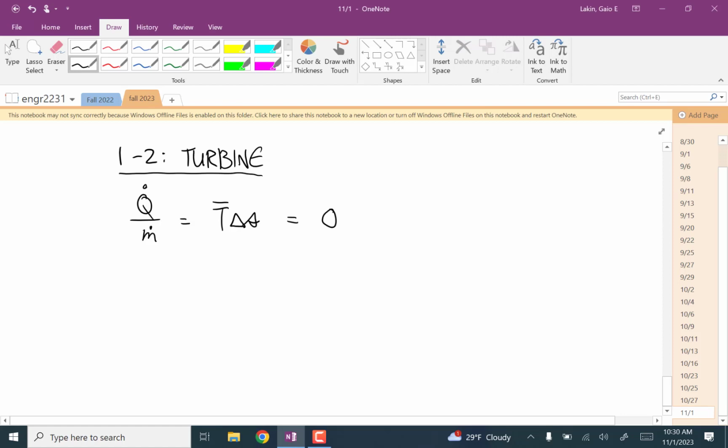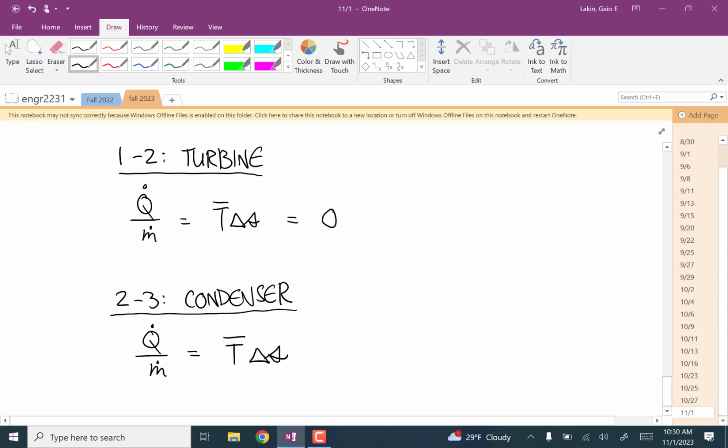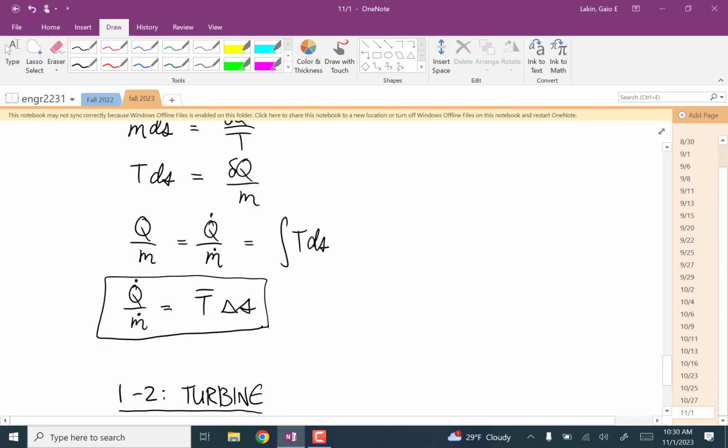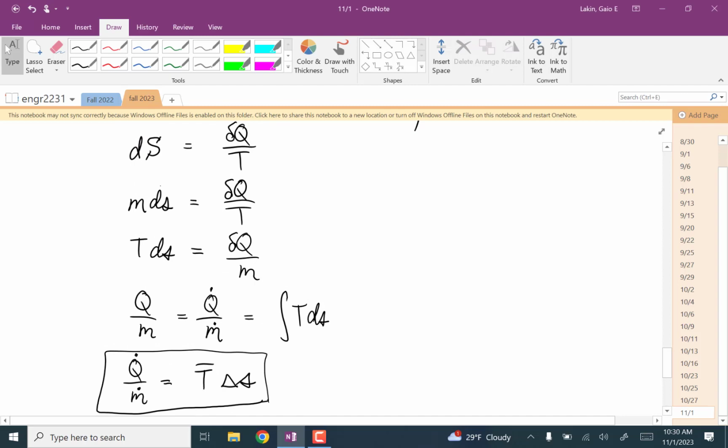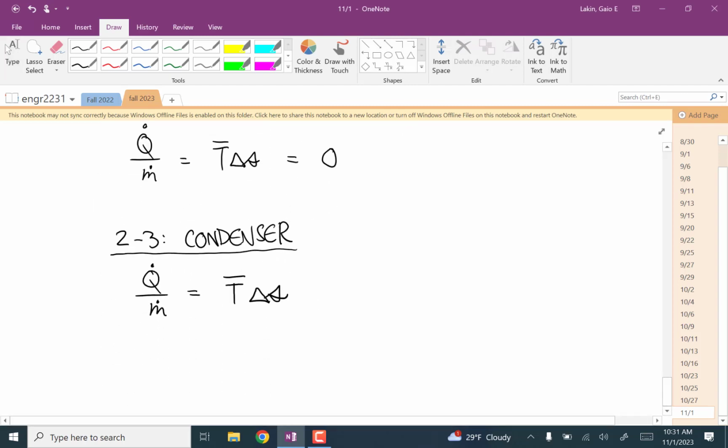And now the condenser. Q dot over m dot is equal to the average temperature of the fluid at the condenser times the change in specific entropy. This expression assumed that Q is heat added to the system.